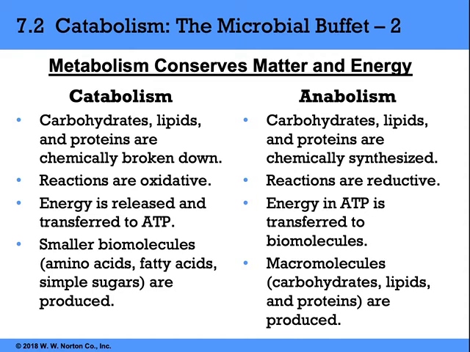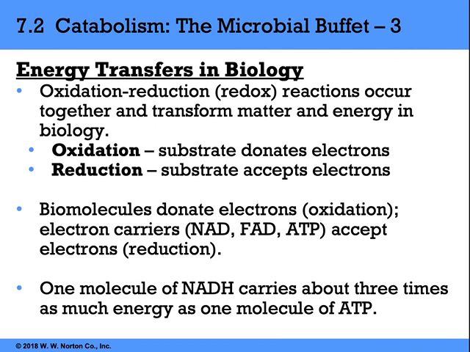In anabolic reactions, we take energy, usually from ATP, and use that to make something. We might make a complex carbohydrate, or we might make a protein, or we might make nucleic acids, just to name a few molecules. So the catabolic reactions power the anabolic reactions.